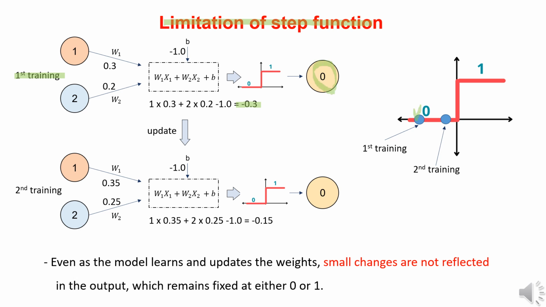In the second training iteration, the weights are updated and the weighted sum and bias are reduced to negative 0.15 from negative 0.3. However, since this value is still less than 0, the step function again outputs 0. This means that even as the model learns and updates the weights, small changes do not affect the output, which remains fixed at 0.